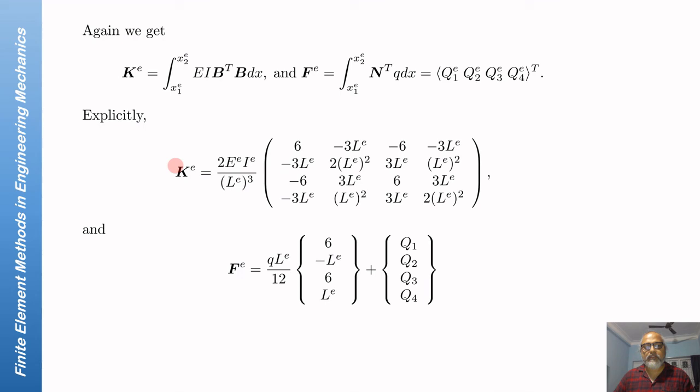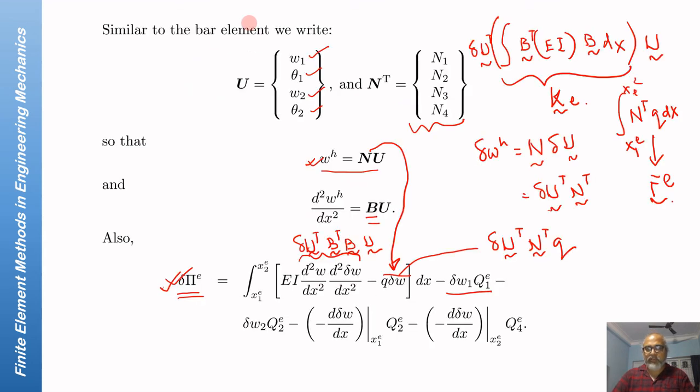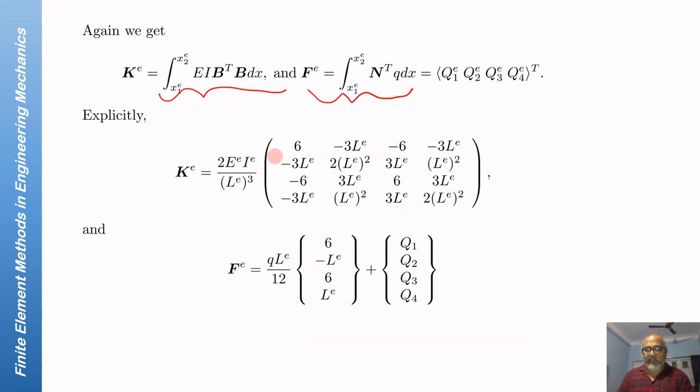So this is your Ke and this is your Fe. And I can now evaluate Ke. I leave that to you. You can now evaluate Ke. So to do that, take this n, take two derivatives of this, find the B, find B transpose B, and when you find B transpose B, you can get the Ke matrix.